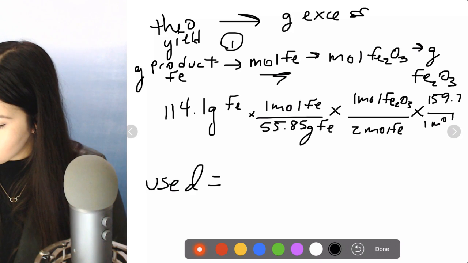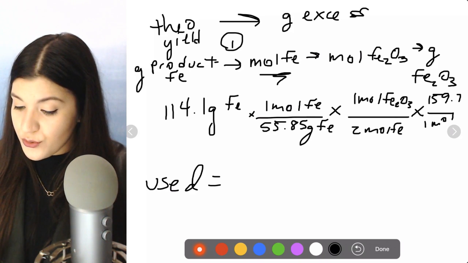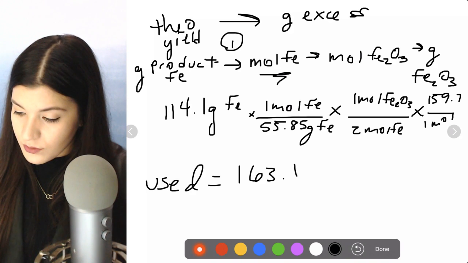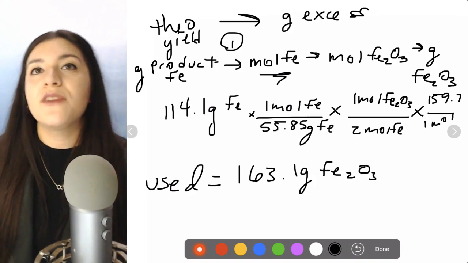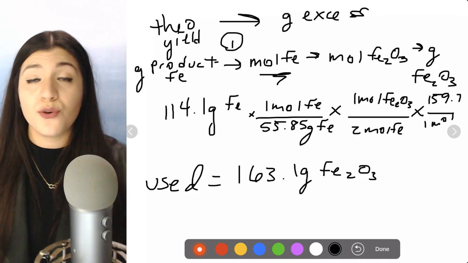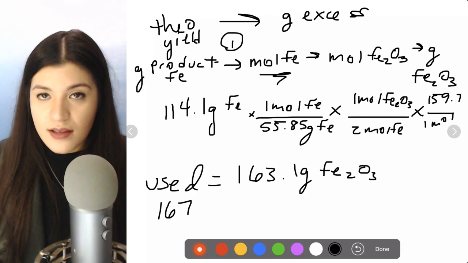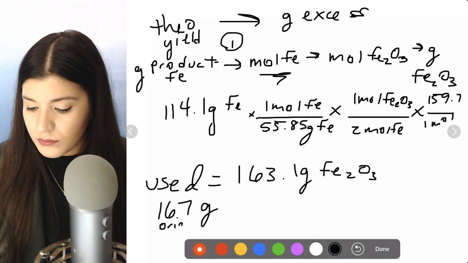Let me do this one more time. Times 2. Okay, so how much is used is 163.1 grams of iron oxide. That's how much is used. And we would go back to the very beginning and see the original question, where we're given 167 grams. So this is our original.